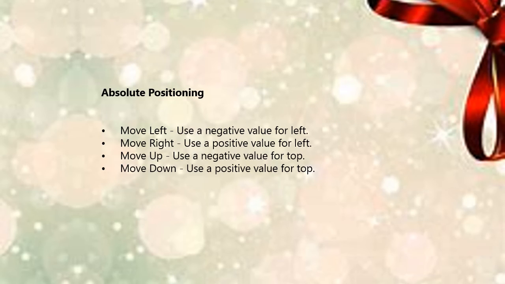Second is absolute positioning. An element with position absolute is positioned at the specified coordinates relative to your screen's top left corner. You can use two values, top and left, along with the position property to move an HTML element anywhere in the HTML document. An element with position absolute is removed from the normal document flow.